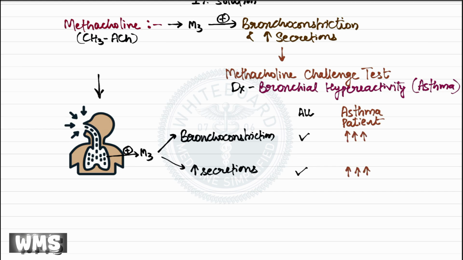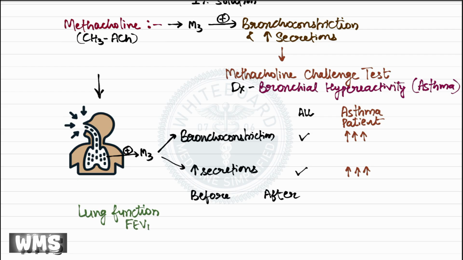In these patients, methacholine produces marked bronchoconstriction, which leads to a significant reduction in lung function parameters such as vital capacity or FEV1. During the test, lung function is usually measured before and after inhalation of methacholine.